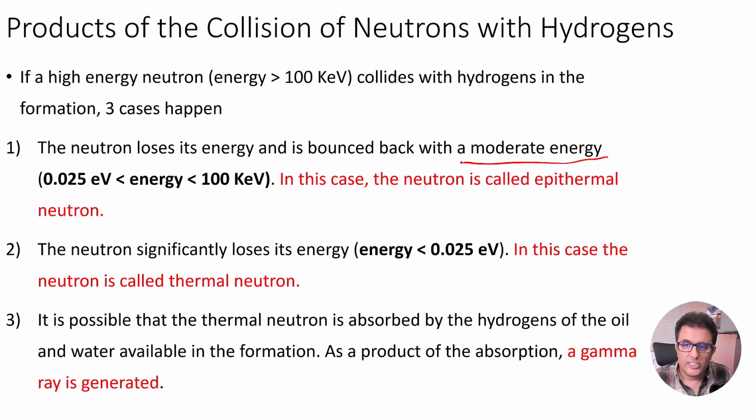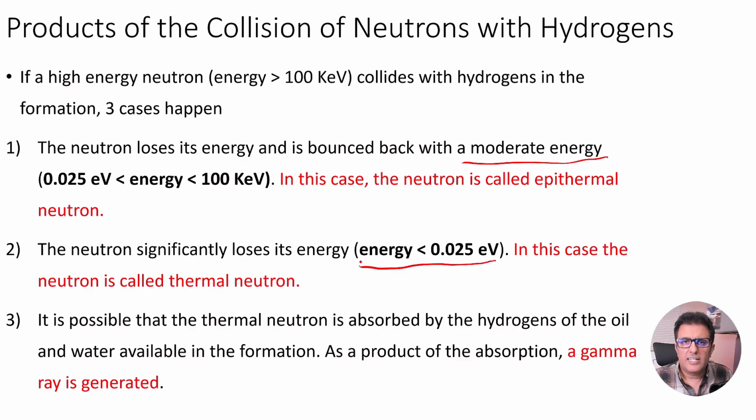This range of energy is called epithermal neutron. Another scenario is that the neutron significantly loses its energy, and when I say very low energy neutron, it means that the energy of the neutron is even below 0.025 electron volt. In such a scenario, we're going to have a low energy or thermal neutron.